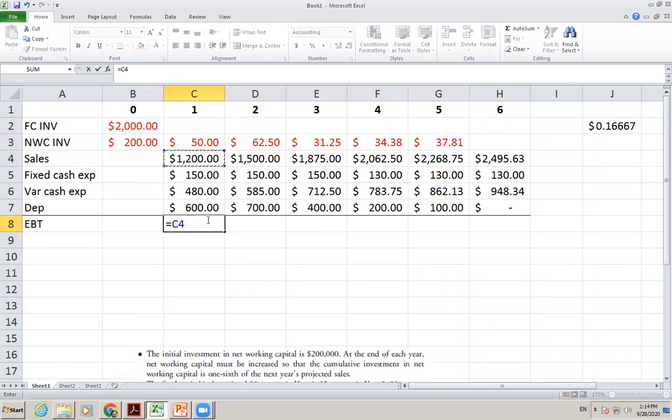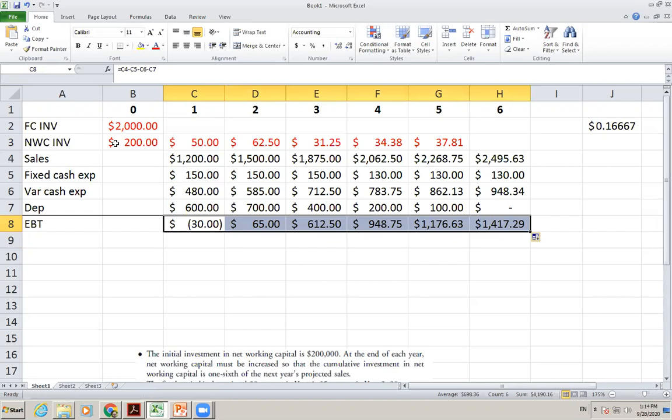So from sales, we subtract this, subtract this, subtract this to get the EBIT. And we do the same for all. This net working capital investment, we don't touch it.